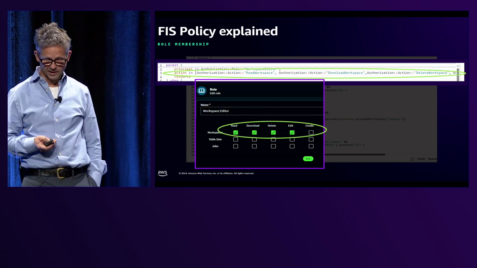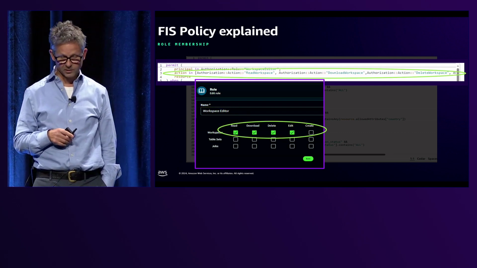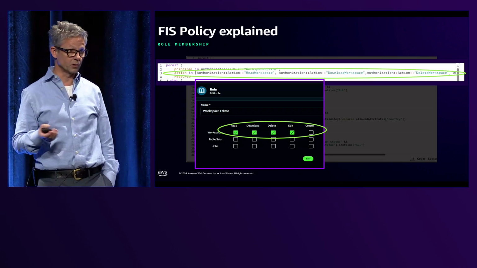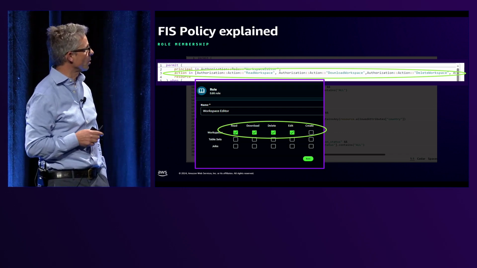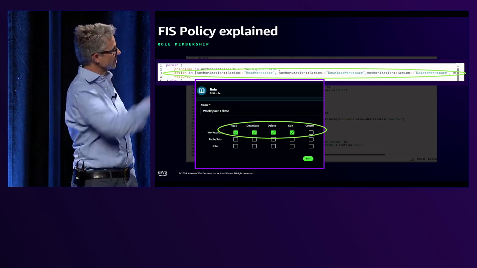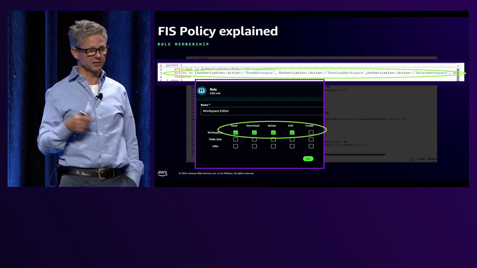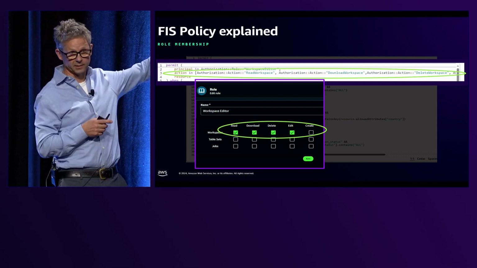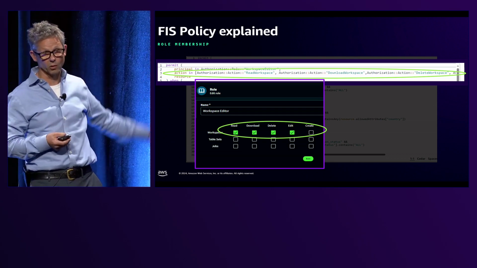And she selected the different actions that a workspace editor is permitted to do: to read, to download, to edit, but not to create. And you can see that's represented within the scope of the policy as the specific actions there. So were Anna to check the create box and save that, this policy would then get updated to include create as a permitted action for this role.